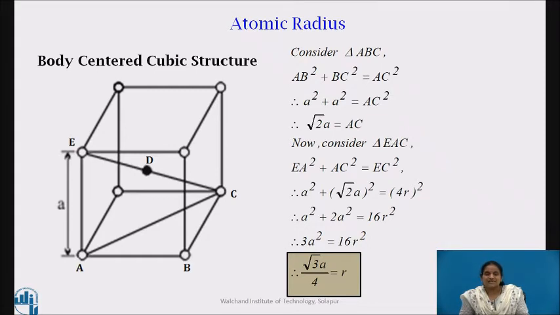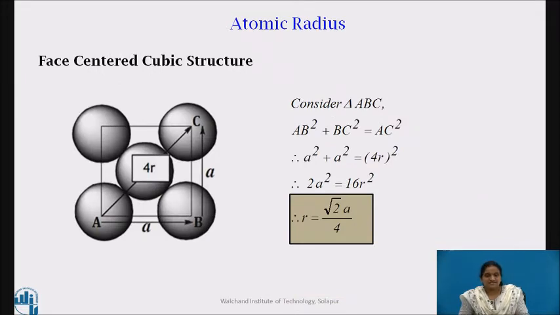So AC can be calculated as root 2 a. Now consider the triangle EAC. So here length of EC is equal to 4r, because half of ED is atomic radius. So ED will be equal to 2r, and which is equal to DC also. Therefore DC is also 2r, and hence the total length EC is equal to 4r. Now again by applying Pythagoras theorem, atomic radius is equal to root 3 a by 4.